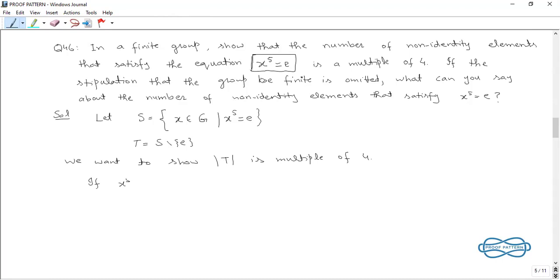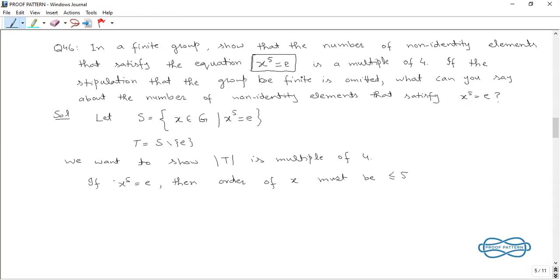Okay. If x to the power 5 is equal to identity, then the order of x must be less than or equal to 5, because order is the least positive integer which satisfies that x raised to that number is equal to identity.